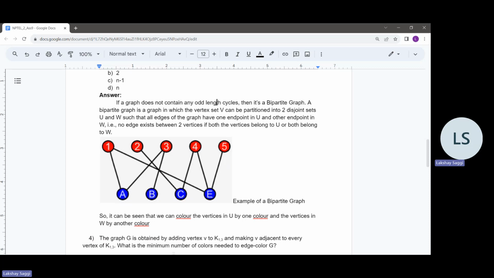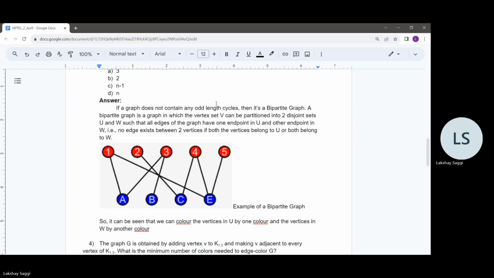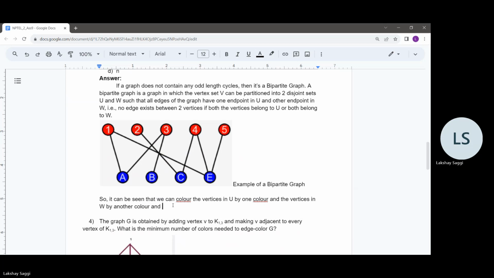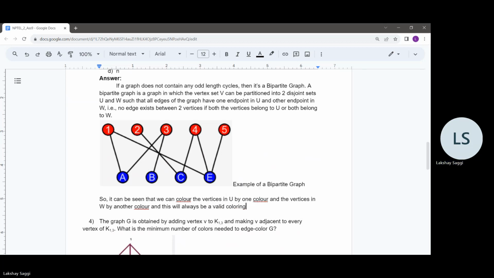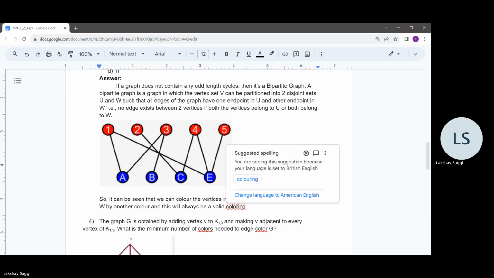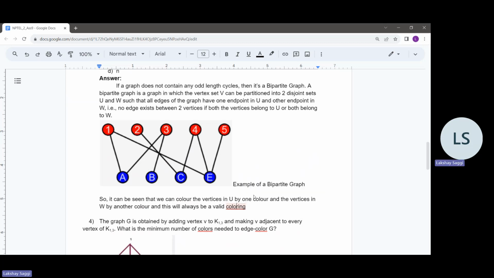And this will be a valid coloring. And this will always be a valid coloring. Okay, maybe I should just have one spelling for color, otherwise it will show a spelling mistake. So yeah, this will always be a valid coloring.